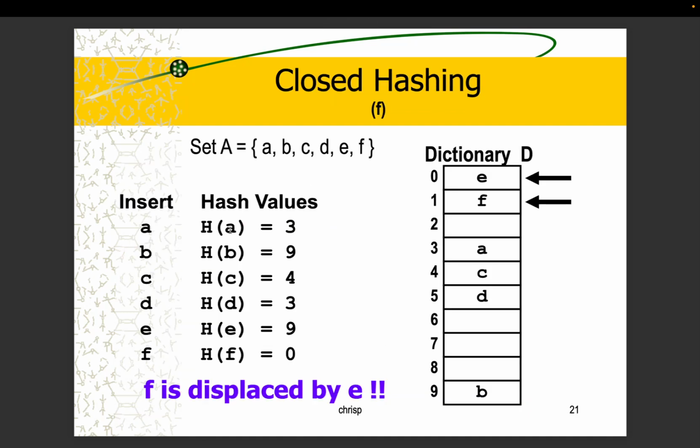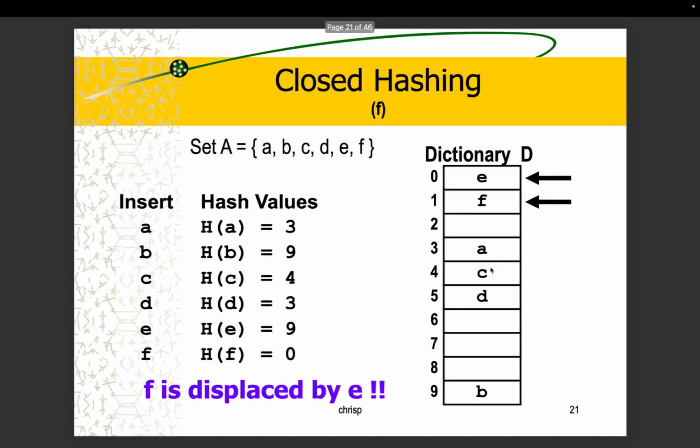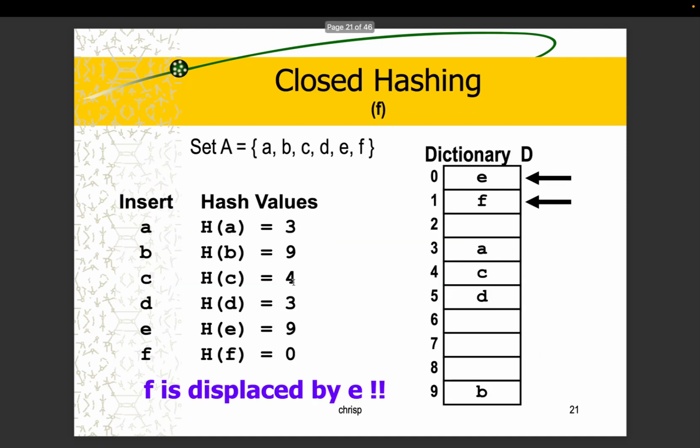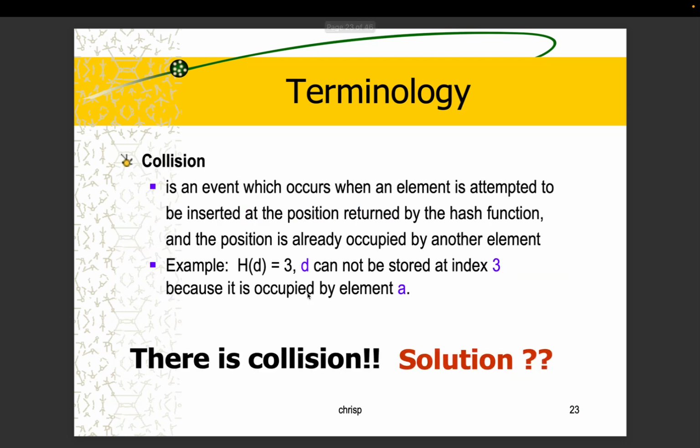Collision is if same sila og value here. Naigo sila. So collision is an event when an element is attempted to be inserted at a position returned by the hash function and the position is already occupied by another element. So, if synonym sila, mo collide sila. If di gani, na-displace ang katong element.